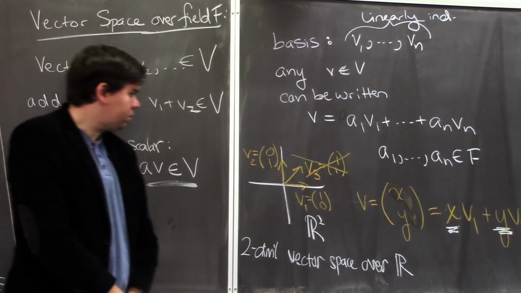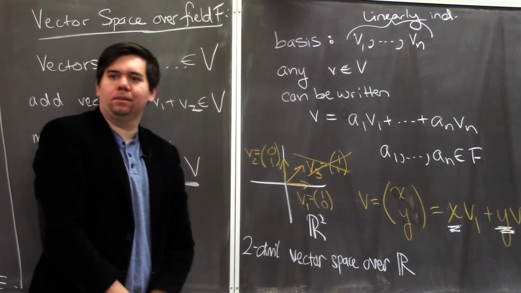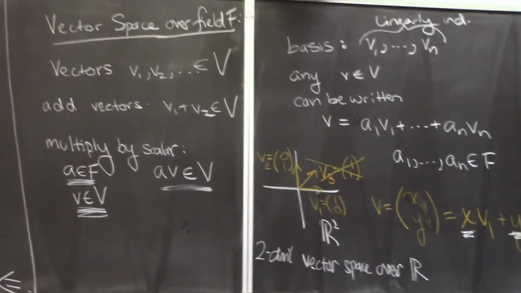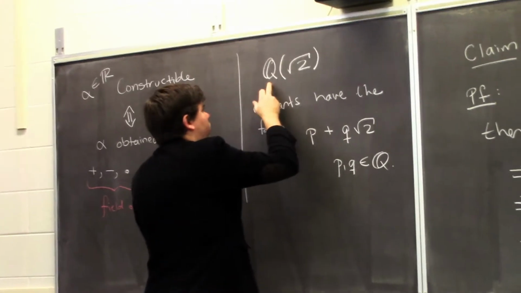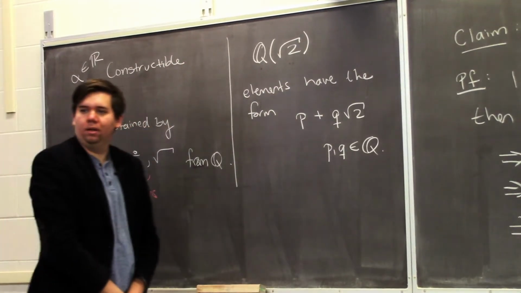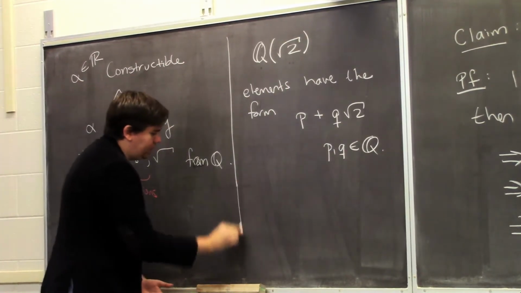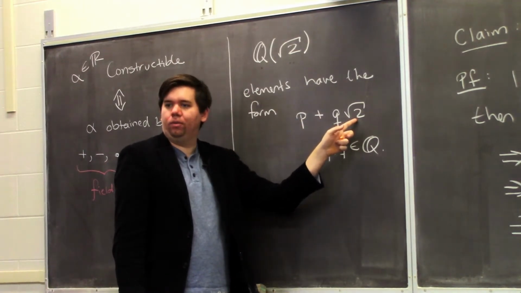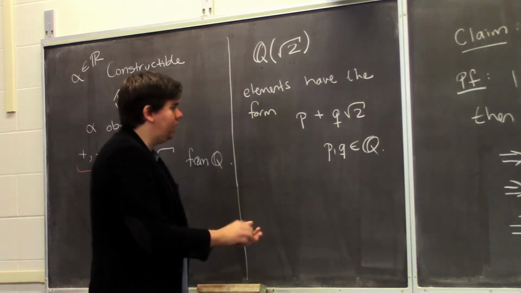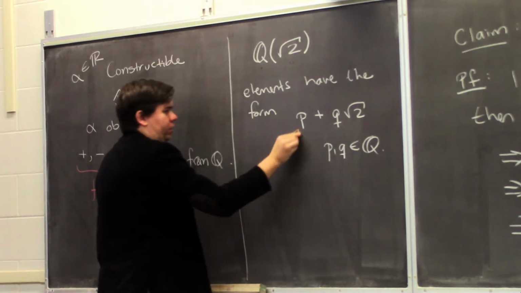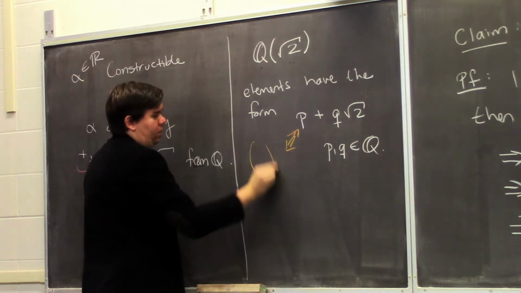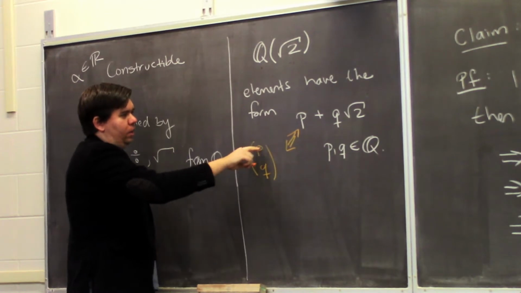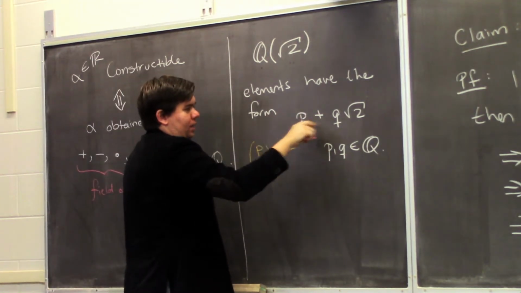Okay. Why am I talking about vector spaces? We're talking about fields, not vector spaces. But if we come back and we think about this field, Q extended by the square root of 2, what is it? Things in here are of the form p plus q square root of 2. And so you could think that these things are like vectors, (p, q), where the top value is the one that doesn't have a root 2 next to it.